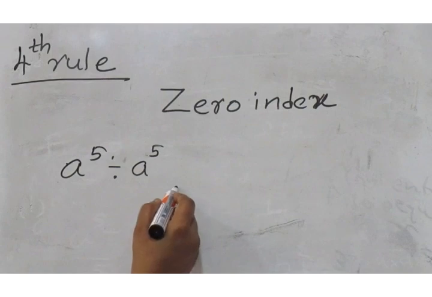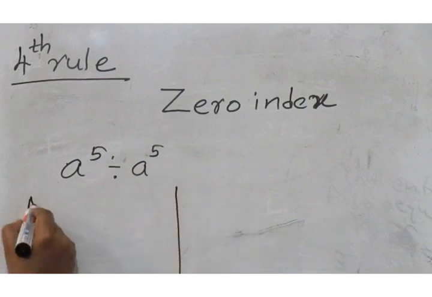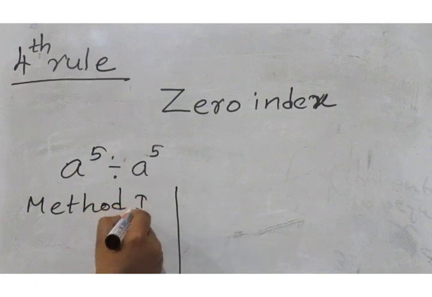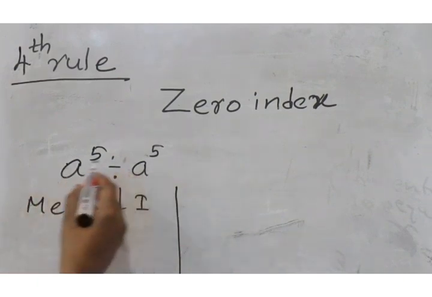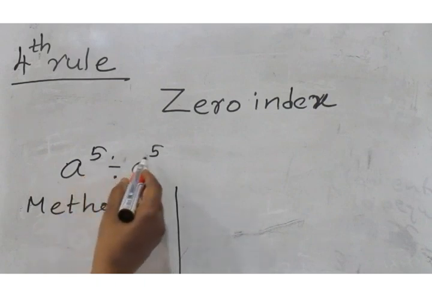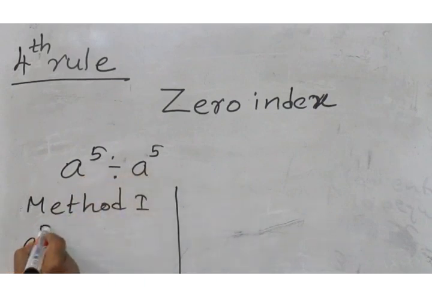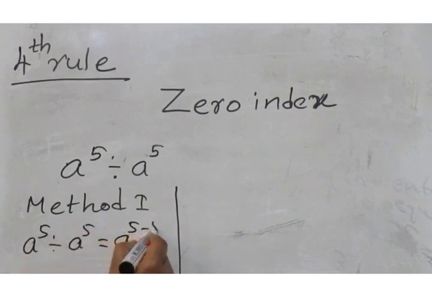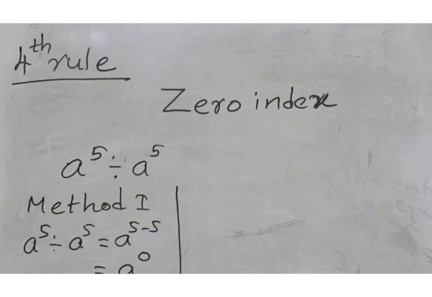Now see the first method. Using the second rule, we can write division of two equal powers. Do subtraction of indices, 5 minus 5, then the answer is a to the power 0.